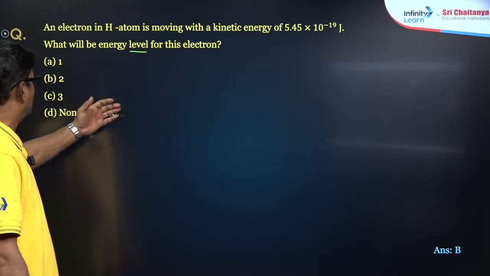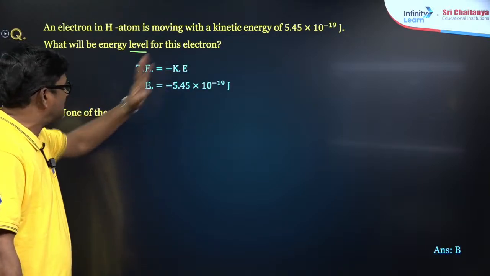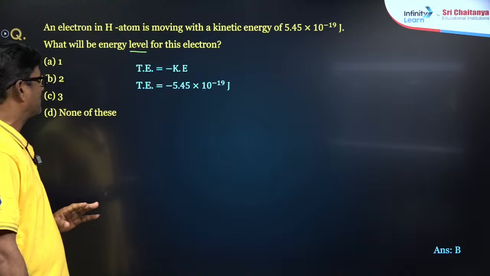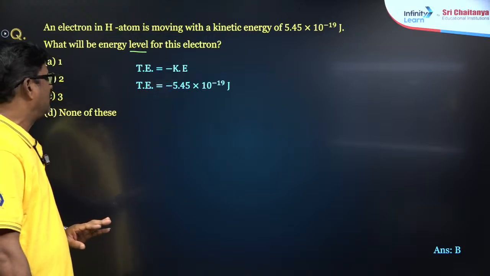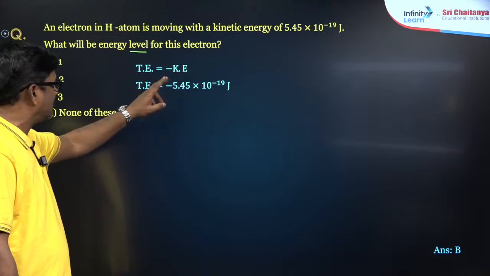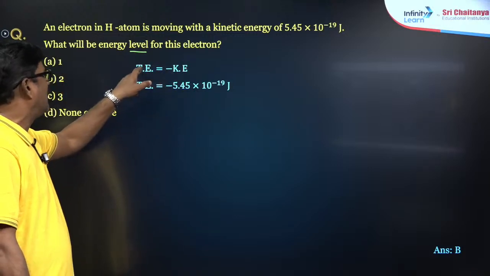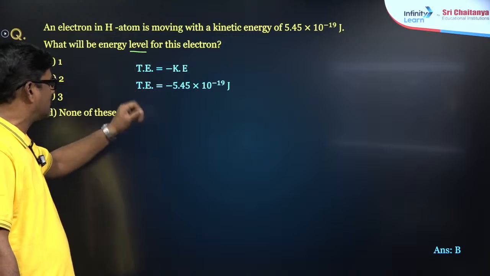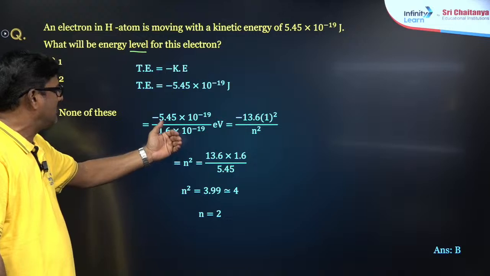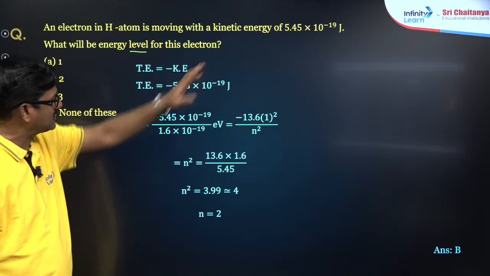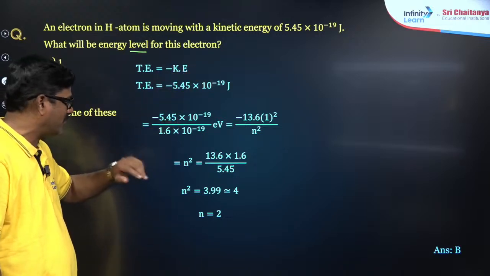This can be answered by taking total energy is equal to minus kinetic energy. So the kinetic energy is a positive quantity and total energy is a negative quantity. So the total energy is going to be minus 5.45 into 10 power minus 19 upon 1.6 into 10 power minus 19, converted to electron volt.